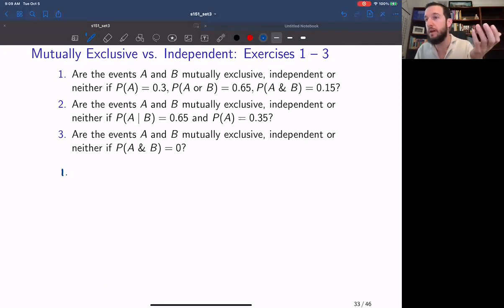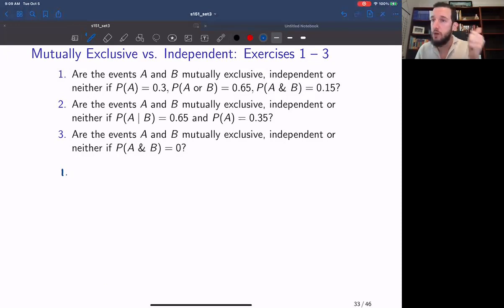The purpose of these exercises is to highlight that mutually exclusive does not mean independent. If the events are mutually exclusive, they cannot be independent because independence requires intersection.